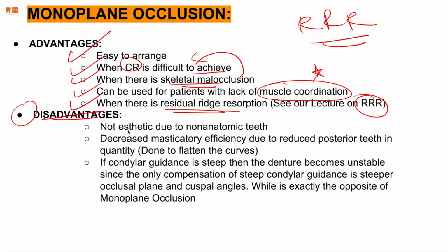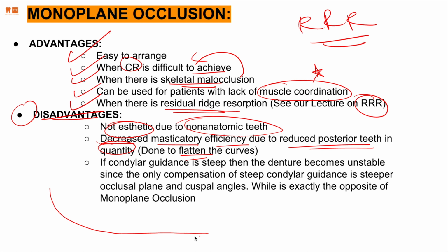Disadvantage. It's not aesthetic. The non-anatomic teeth don't look good, they look flat. There's a decrease in mastication efficiency due to reduced posterior teeth and quantity as well, right? And especially when they're flat. Our goal is to prevent this entire curve of Spee to kind of drop down like this.